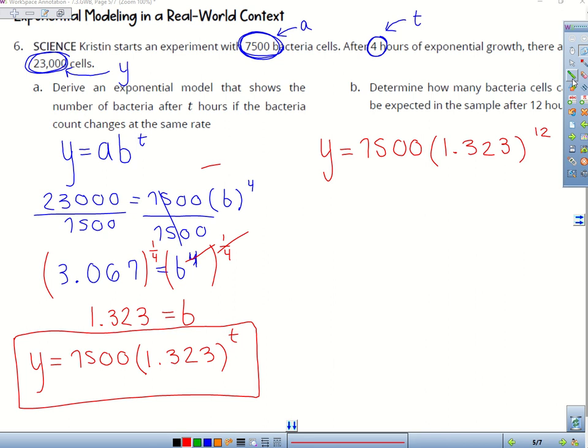So remember, in your calculator, you want to do this first, this operation. So that's y equals 1.323 to the power of 12 times 7,500.